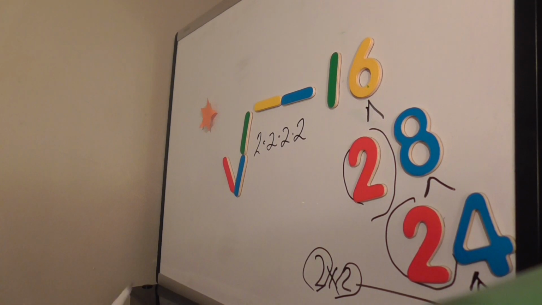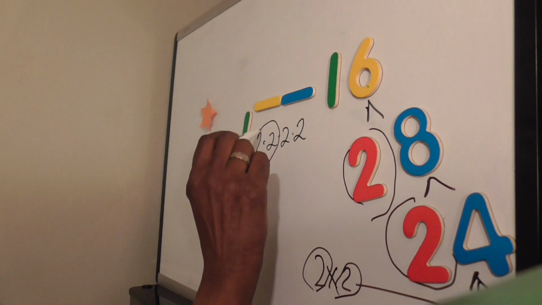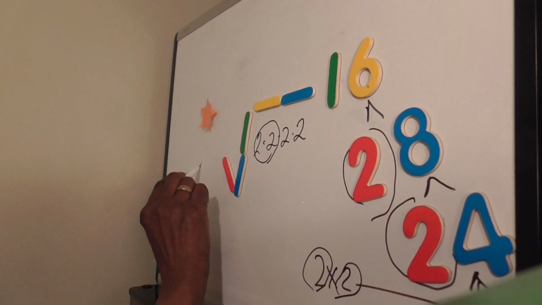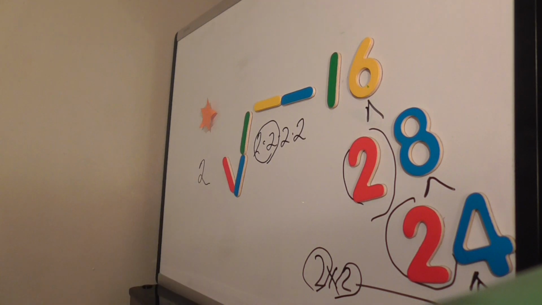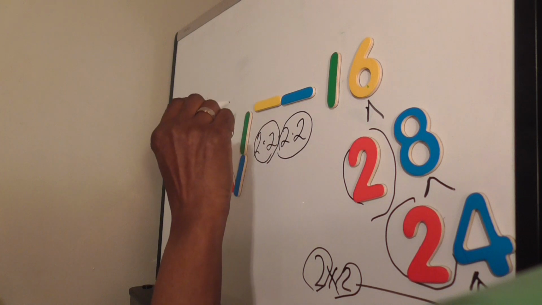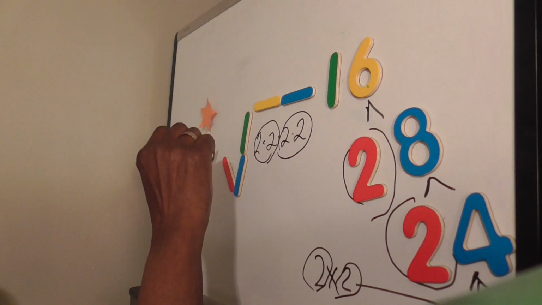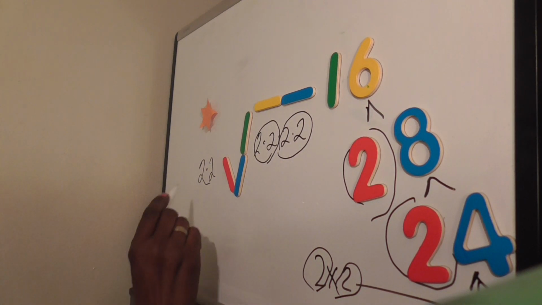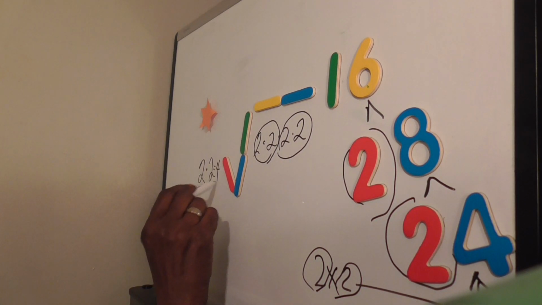What we do in math is we take these 2's and we bring them over here. 2. Then we take the other 2's and we're taking them out of the square root sign. 2. 2 times 2 equals 4.